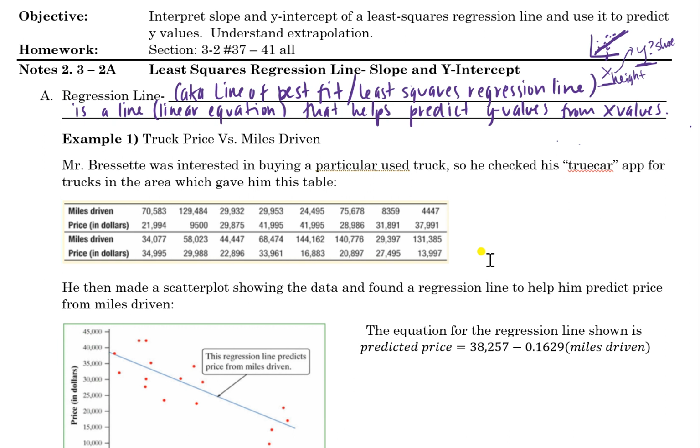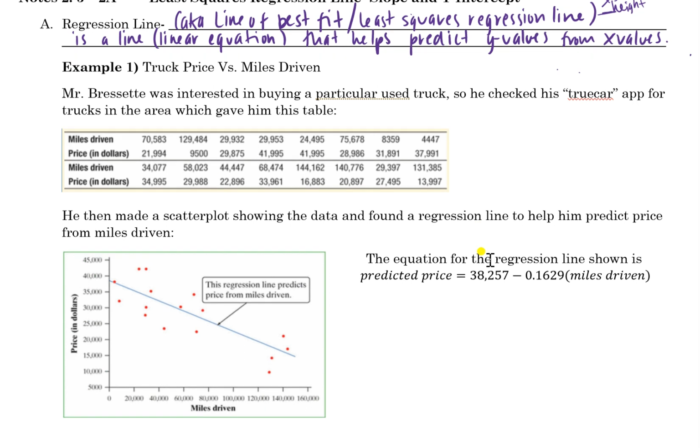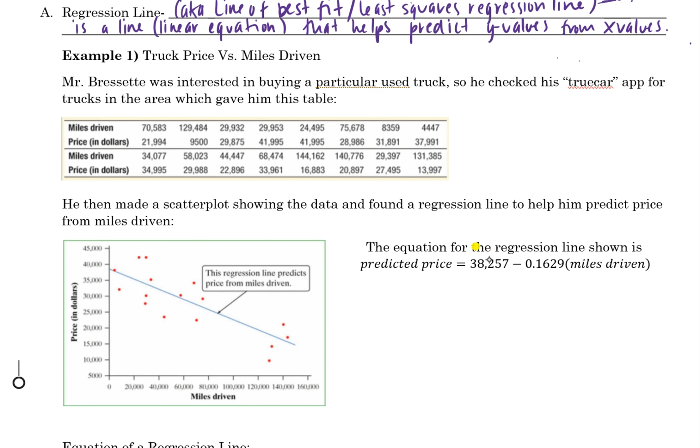Mr. Brissett was interested in buying a particular used truck, so he checked his TrueCar app for the trucks in the area, which gave him this table. The table shows miles driven for each truck and the price in dollars because, maybe you know this, maybe you don't, the more miles a car has driven, the lower the value of that truck will be because it's worn down and not going to work as well.